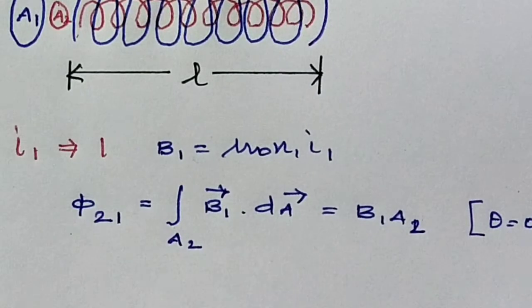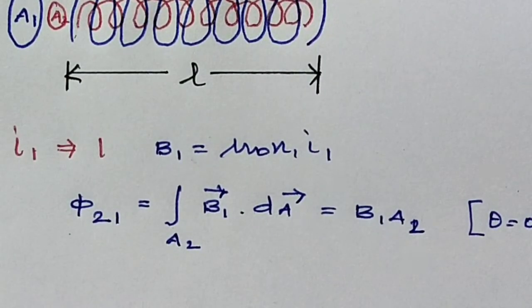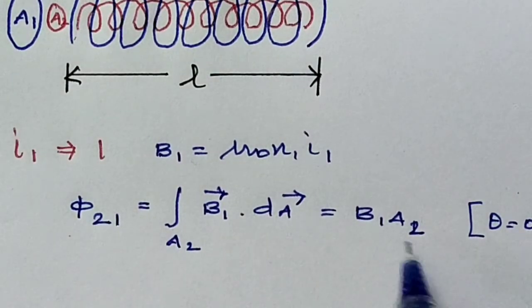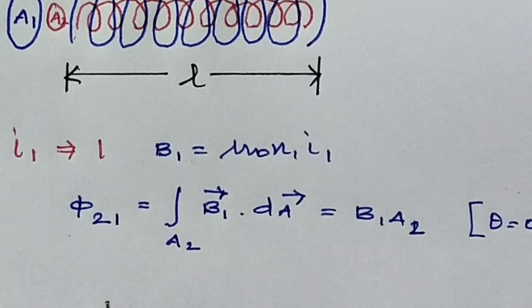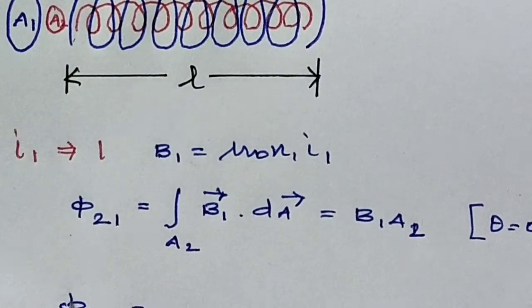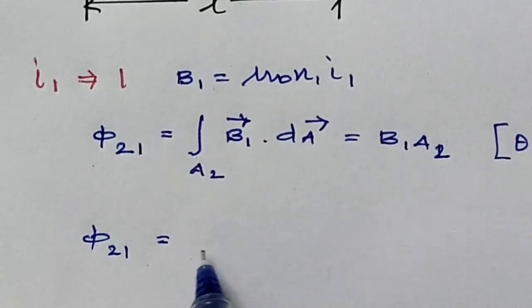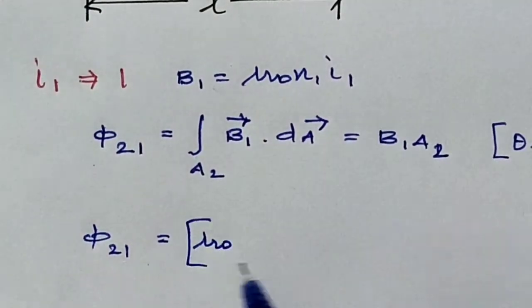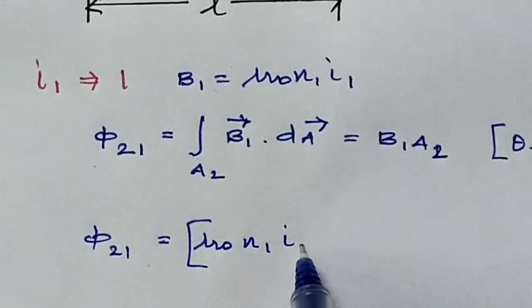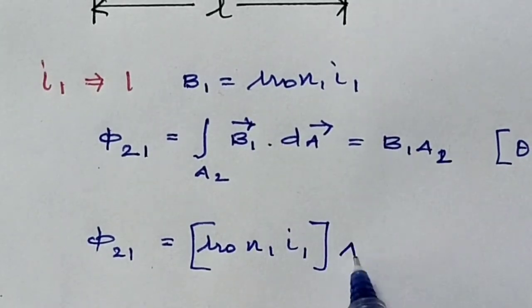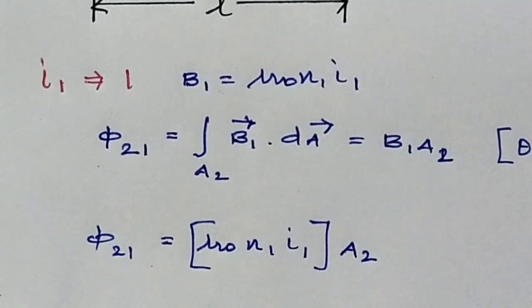So the magnetic flux linked with each turn of the second solenoid is B1 A2. Substituting the B1 value, we get the flux linked as mu naught n1 I1 A2.